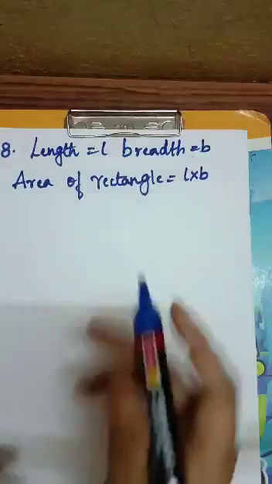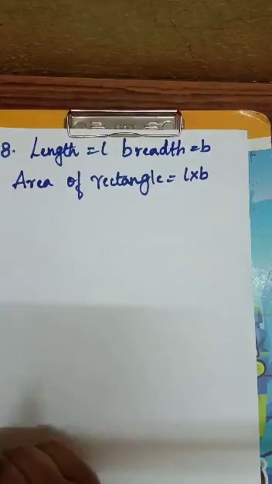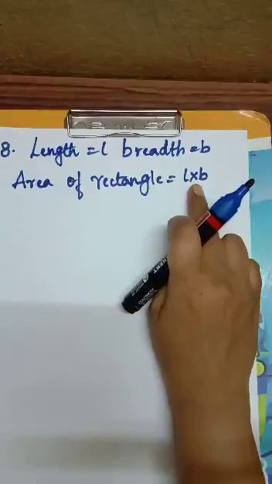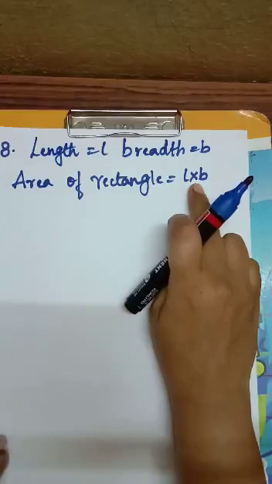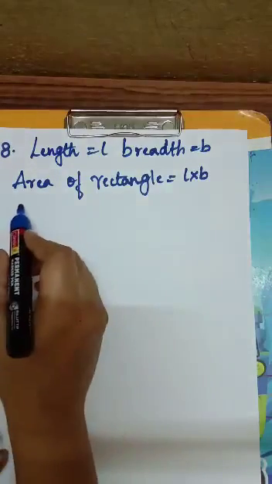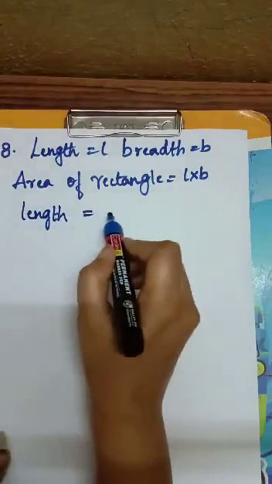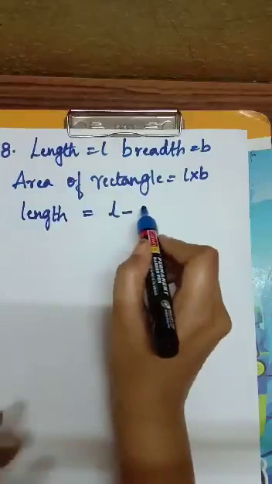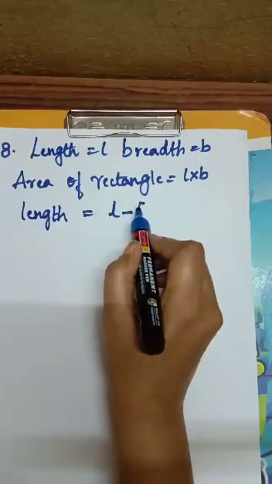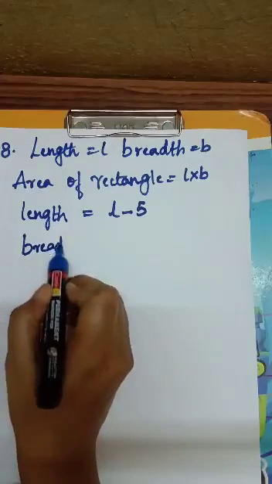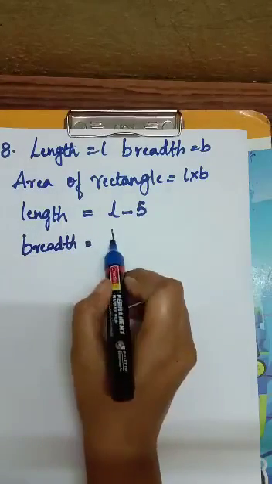Now see what the question is. The area of a rectangle gets reduced by 80 square centimeter if the length is reduced by 5 units. So what will the length be? If length is reduced, L is reduced, meaning minus, subtraction, reduced by 5 units and breadth to be increased by 2 units.